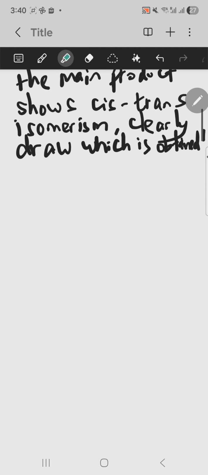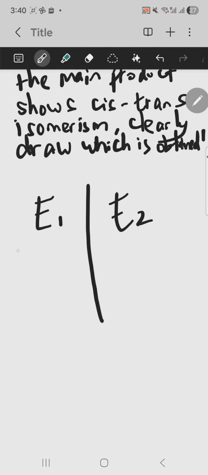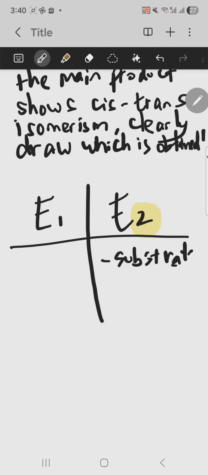You may already know that for elimination reaction, there are two types, which is E1 and E2 elimination reaction, right? Here it is clearly obvious that E2 reaction means there are two molecules involved in the elimination reaction, which is the substrate itself and then the base, right? The substrate and the base.